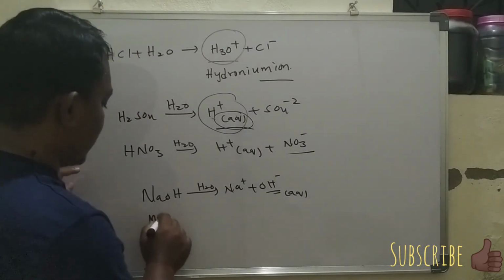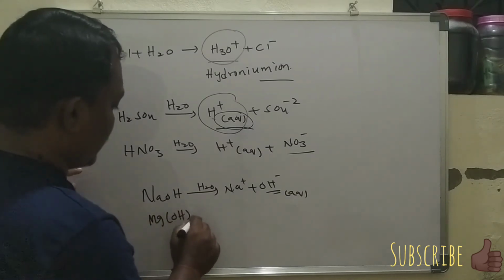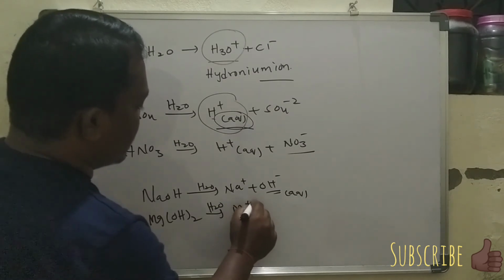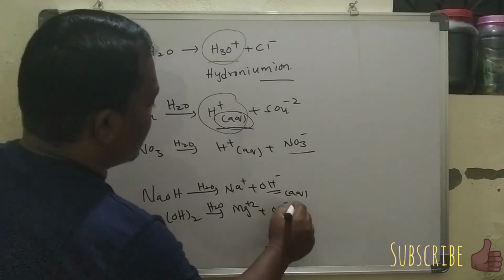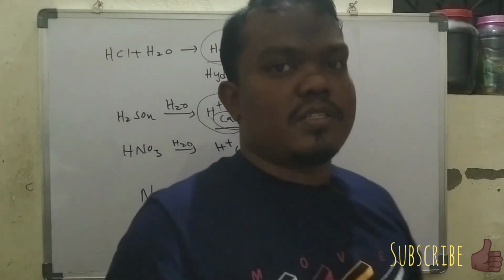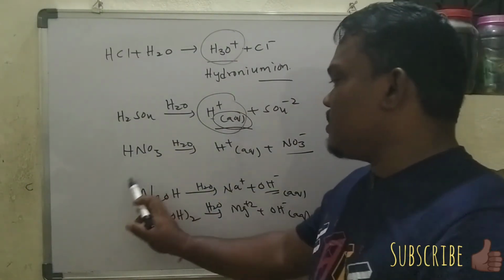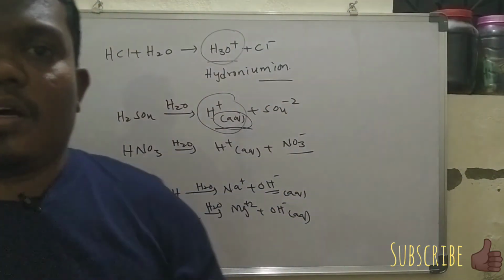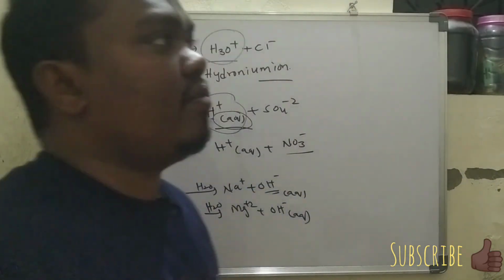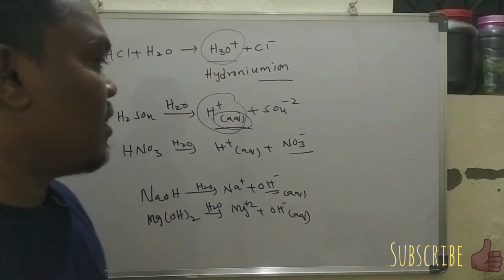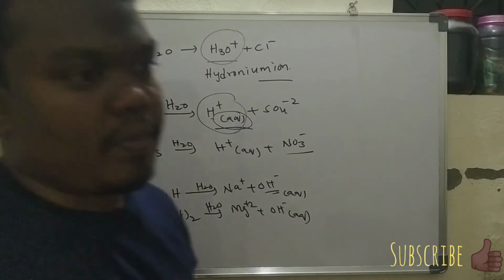Like that, Mg(OH)2 in the presence of water gives us aqueous hydroxyl ions. Have you understood this? Generally, not all bases dissolve in water. The bases which dissolve in water we call alkalis.